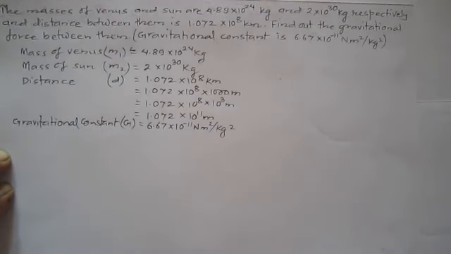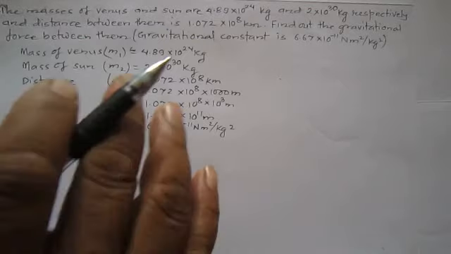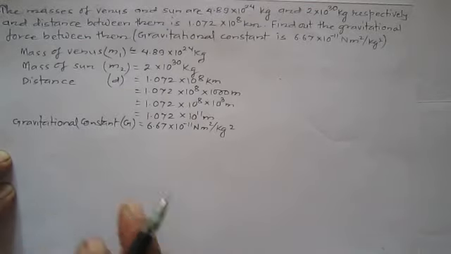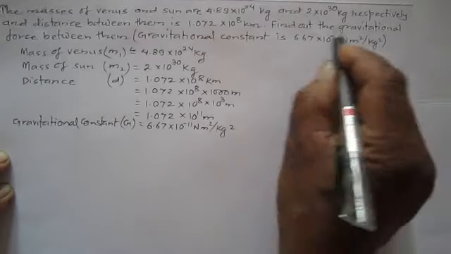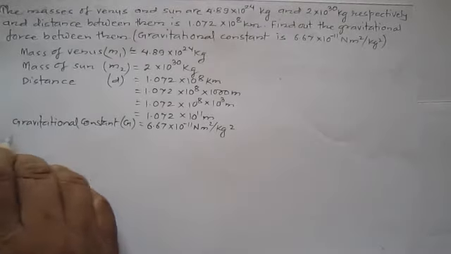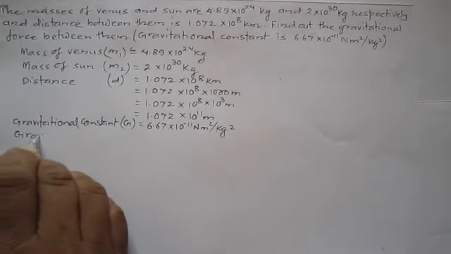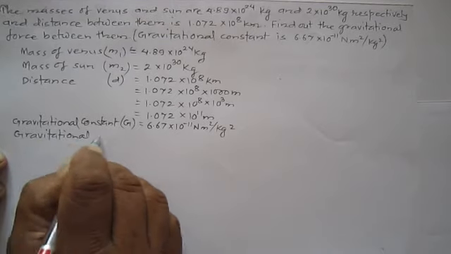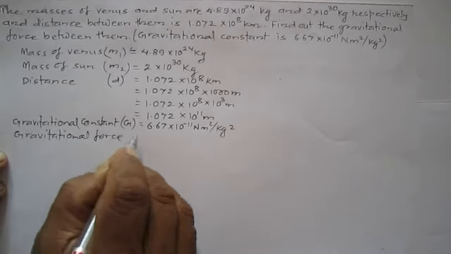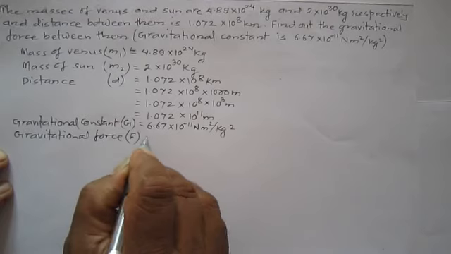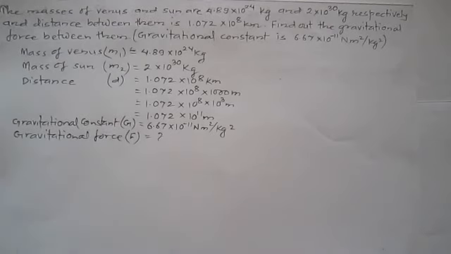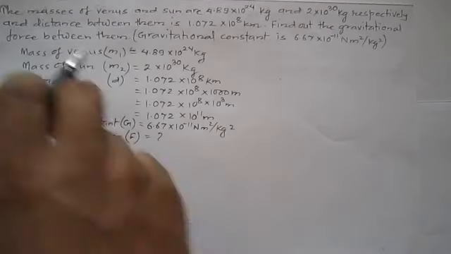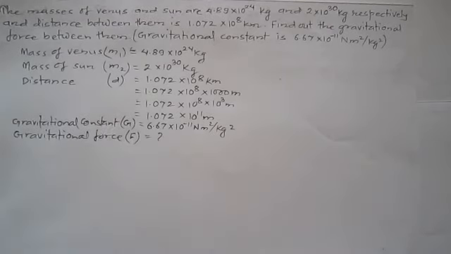Now all the given information is written. Now the question is the gravitational force. Find out the gravitational force. I am writing gravitational force, and the force is denoted by F, with a question mark. Now after converting all the information into mathematical form, I am going to solve it.